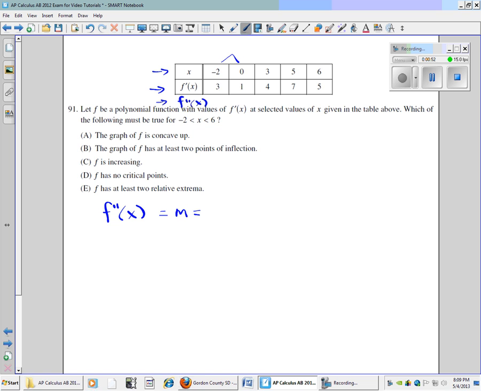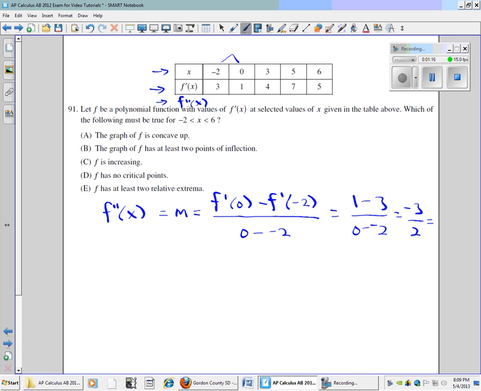I'm going to have that as f prime of 0 minus f prime of -2 divided by 0 minus -2, and that's just going to end up being 1 minus 3 over 0 minus -2, which will give me -3 over 2. I notice that's a negative value.